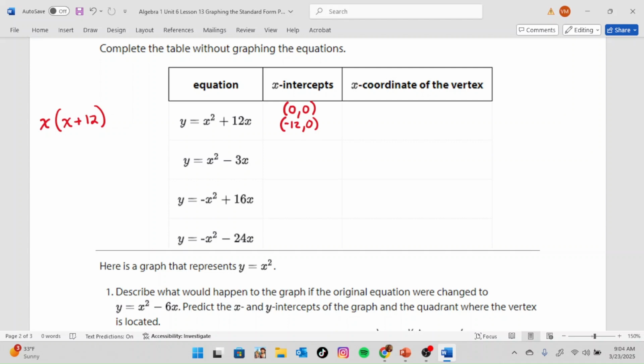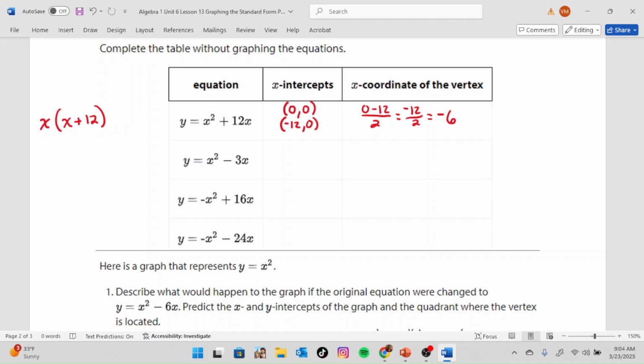To find the x-coordinate of my vertex, I'm going to combine my x-intercepts and divide by 2. So this is 0 minus 12 divided by 2, which is negative 12 divided by 2, which is negative 6. So I have x-intercepts at 0 and negative 12, and I have an x-coordinate of the vertex at negative 6.